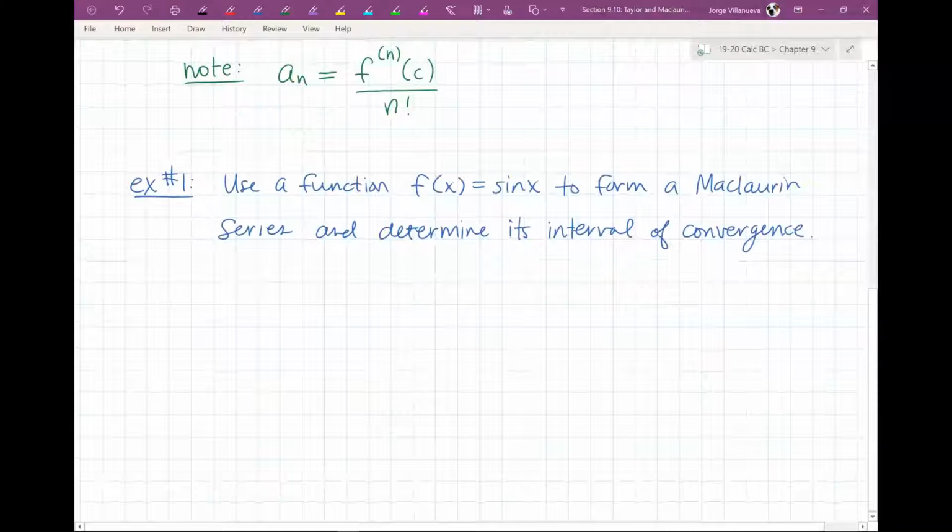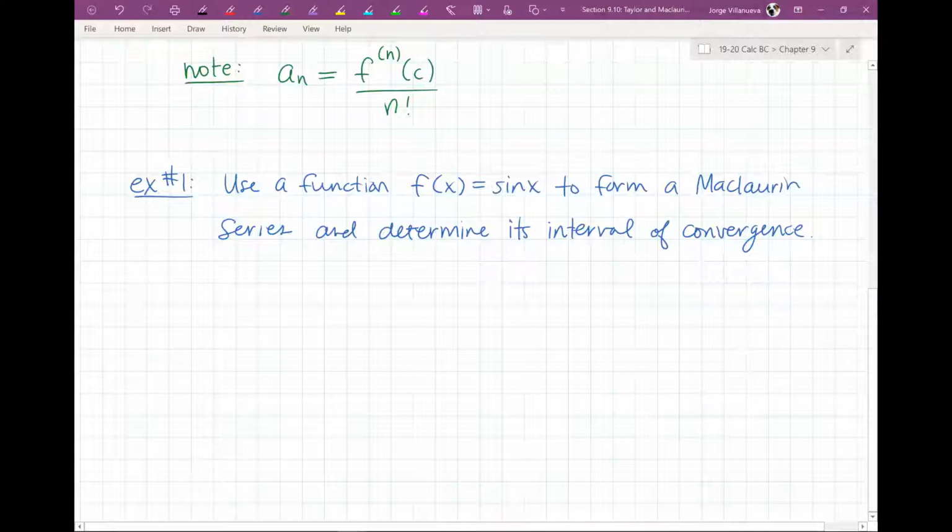So they're saying, how can you write your sine of x function as a Maclaurin series? And then once you figure that out, where does it converge? Over what interval?